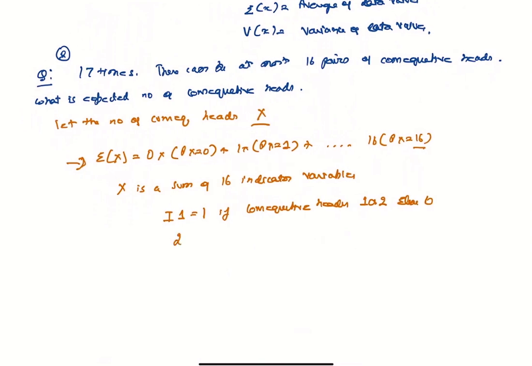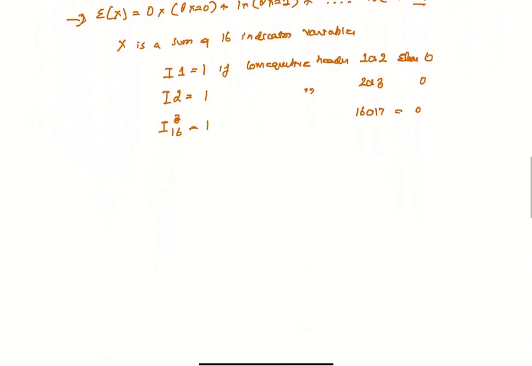Indicator variable 2 will be 1 if there are consecutive heads in positions 2 and 3, else 0. Indicator variable 16 would be 1 if there are consecutive heads between positions 16 and 17, else it will be 0. Thus x is the sum of indicator variable 1, indicator variable 2, all the way to indicator variable 16.